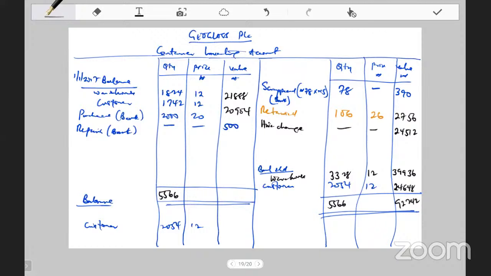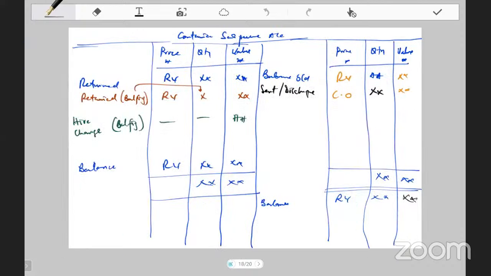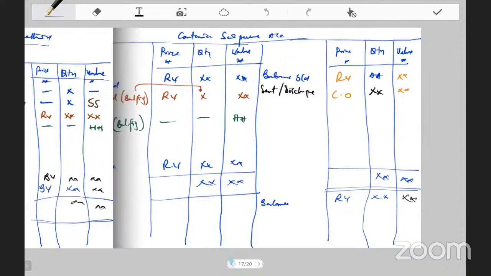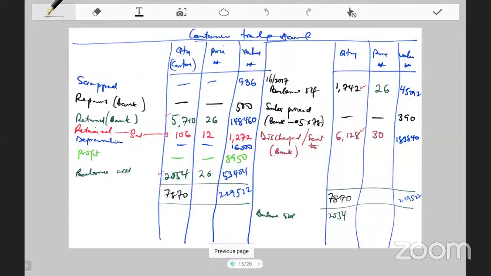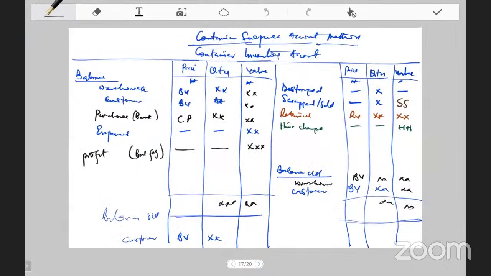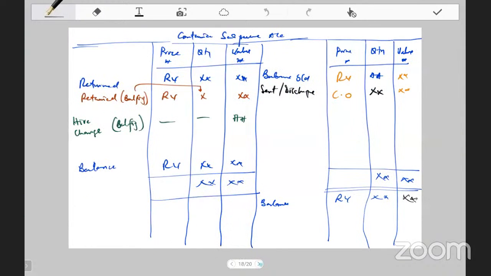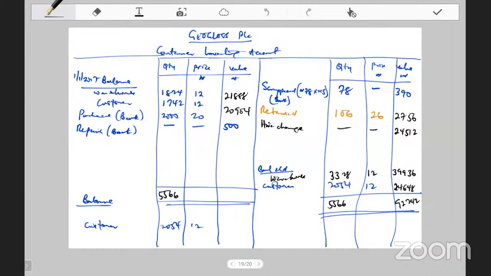And don't forget, you must account for the depreciation. What's the value of the depreciation that we calculated then? It's 16,000. My depreciation is 16,000.